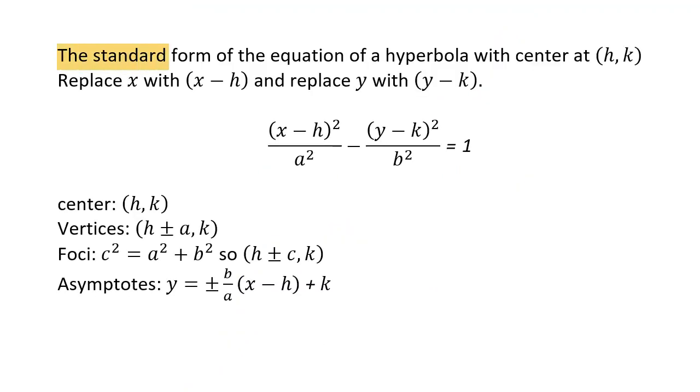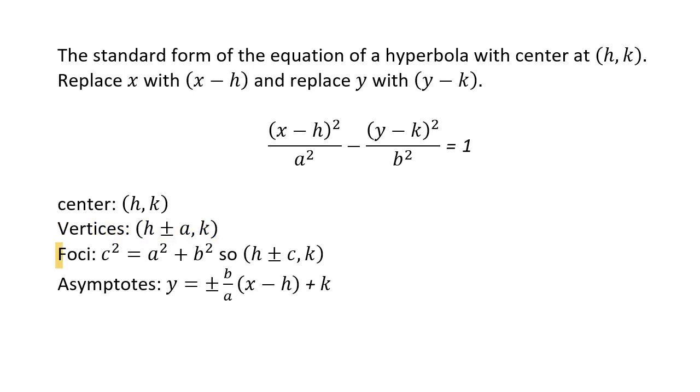The standard form of the equation of a hyperbola with a center at (h, k) is given below. We replace x with x minus h, and we replace y with y minus k. So that's (x minus h) squared divided by a squared minus (y minus k) squared divided by b squared equals 1. The center is the point (h, k). The vertices are h plus or minus a, and y equals k.